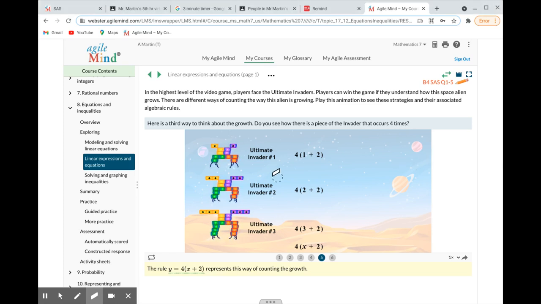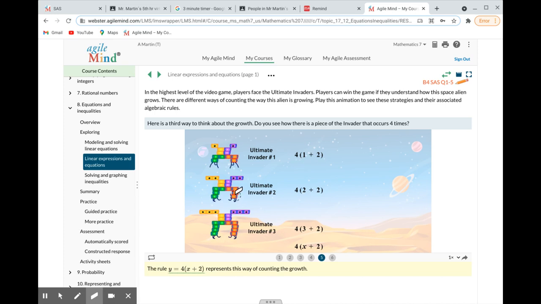Kind of, sort of. So we got the top on invader number 1, top right, was what? We had 1 eyeball plus 2, right? And then on the bottom, we had 1 leg plus 2, or 1 finger foot looking thing plus 2. All right. On invader 2, we had 2 eyes plus 2 body.